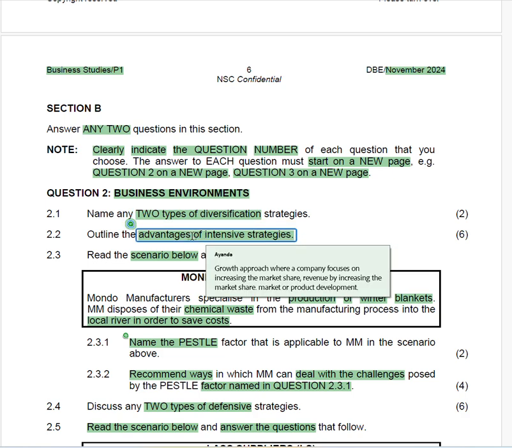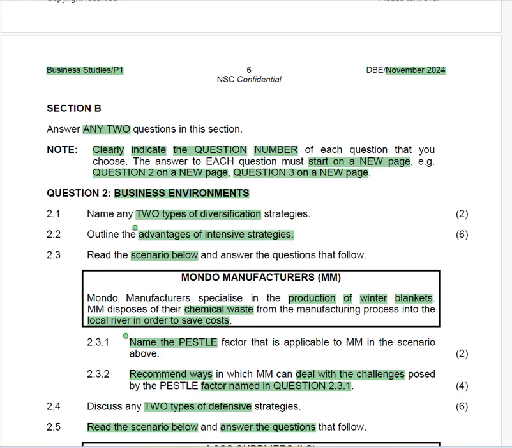Then question 2.2 says, outline the advantages of intensive strategies. So now, what is an intensive strategy? It is a growth approach where the company focuses on increasing revenue by increasing market share. 2.2 wants us to outline the advantages of intensive strategies.